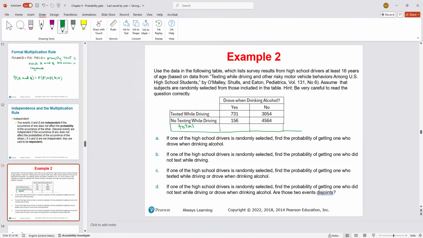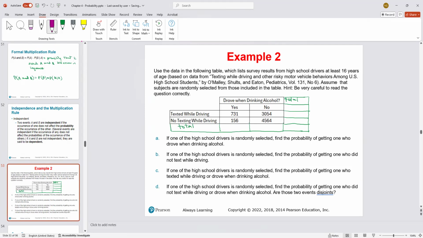Now we need to do a column total. In some exercises this is already given, but for you, you add.